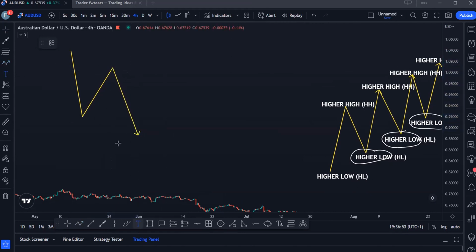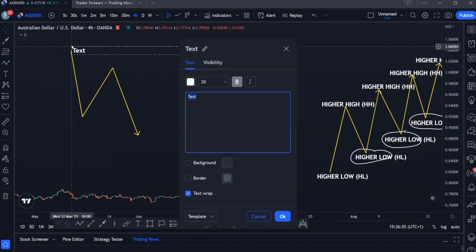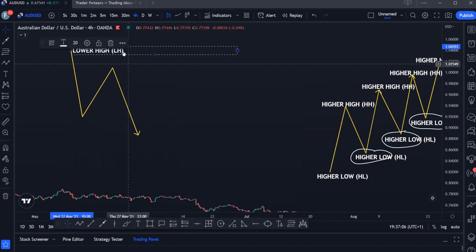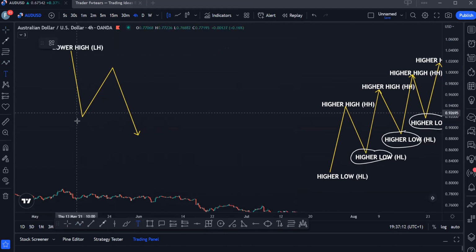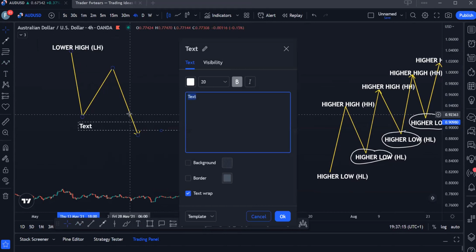The first part of a downtrend is called the lower high. Lower high, LH, right? Over here. That's the start of the impulse move. And then the end of that impulse move, that first one, is called the lower low.